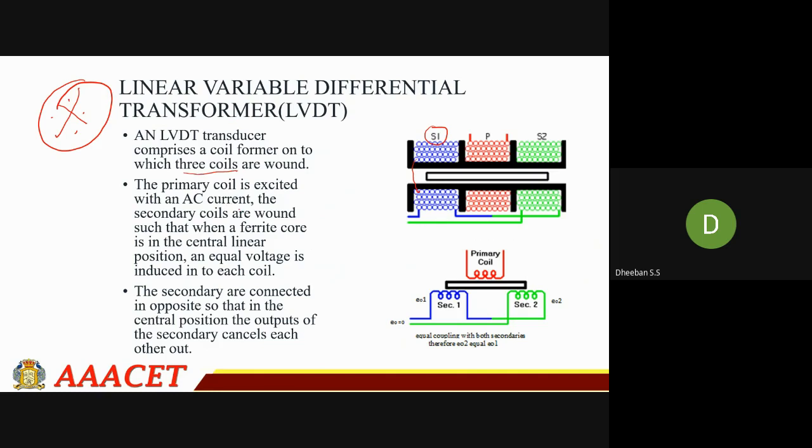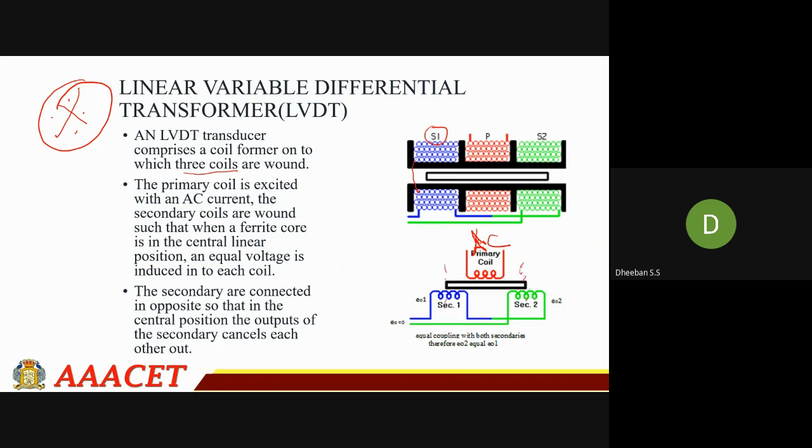The primary coil is excited with an AC current. So the primary will be excited with an AC supply. The secondary coils are wound such that when a ferrite core is in the central position, an equal voltage is induced. Here you can see that it is in the central position.